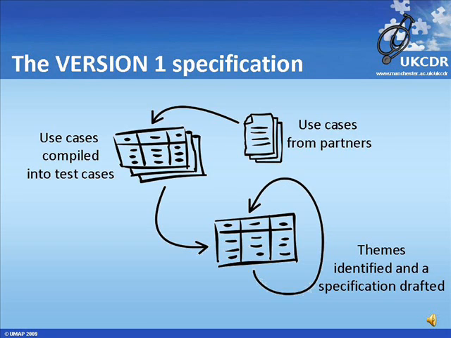In order to arrive at the specification, use cases were developed to illustrate the processes in use at each of the partners. Those use cases were analysed and compiled into individual test cases illustrating discrete pieces of functionality required in a piece of software.